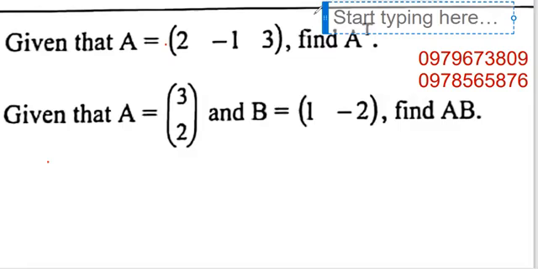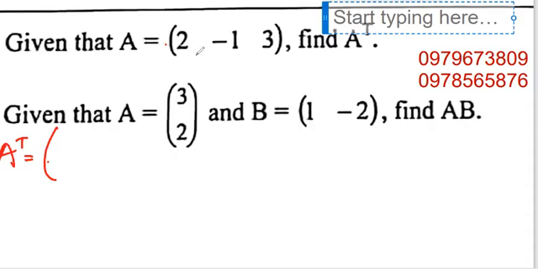Okay, so now we have this question here that we're supposed to solve. For the first one, we are being asked to find A transpose, the transpose of this one. Now, for the transpose, we say the rows will become columns.